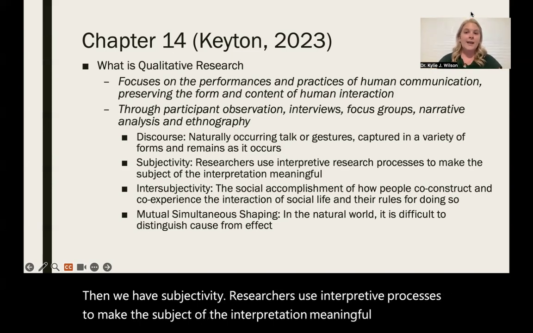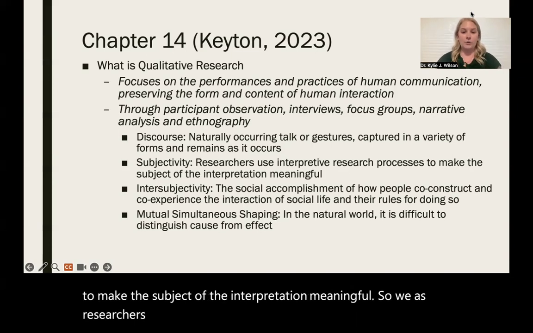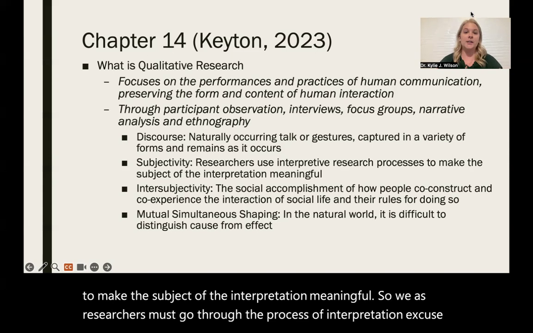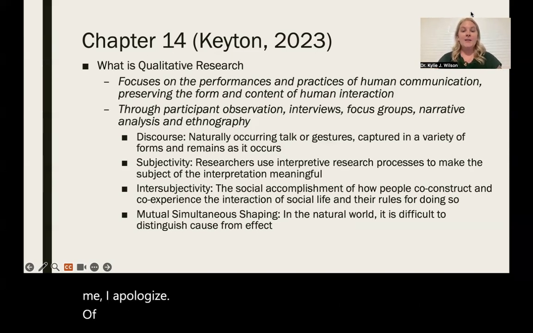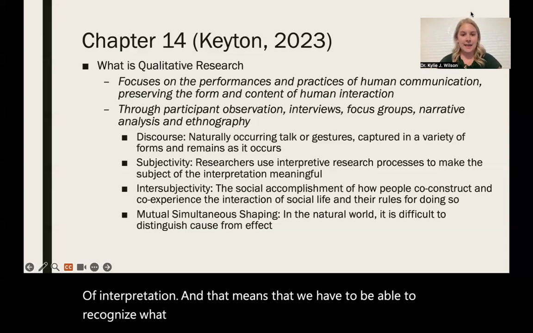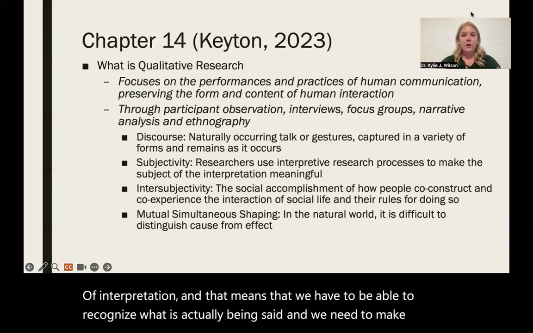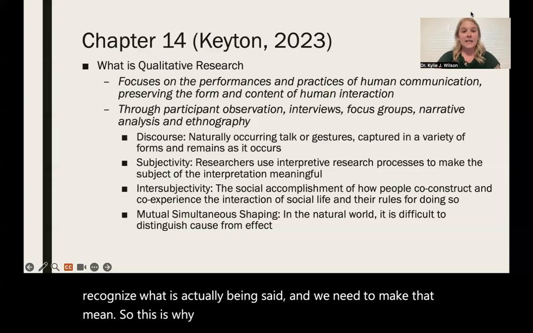So we as researchers must go through the process of interpretation. And that means that we have to be able to recognize what is actually being said, and we need to make that mean. So this is why in our qualitative research, you might see direct quotes.